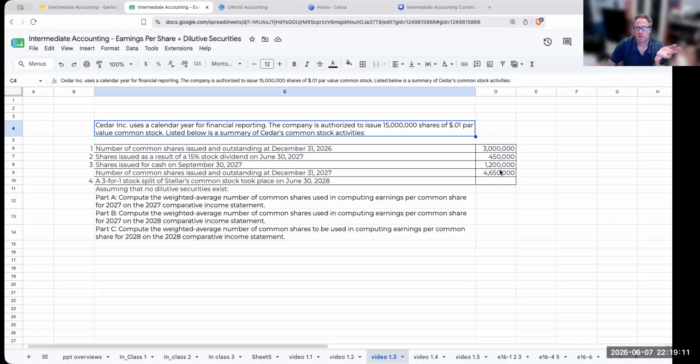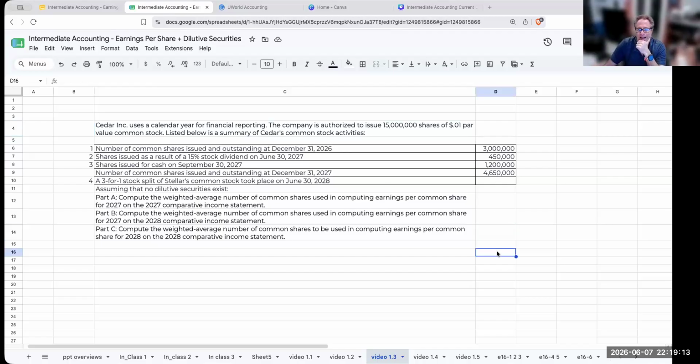Okay. So the way we're going to go through and handle this is we're going to say, well, on 1/1/27, we had 3 million shares outstanding, and these were outstanding for all 12 months. On 6/30/27, we issued a 15% stock dividend.